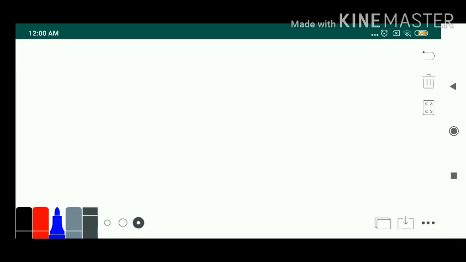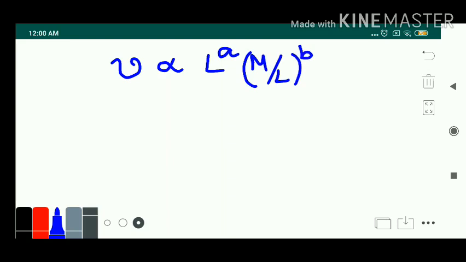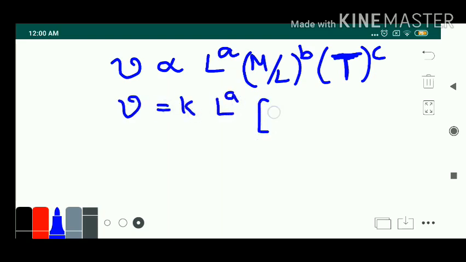Just like the previous section, I am going to write mu is proportional to, or a function of, length of the string raised to A, mass per unit length raised to B, tension, and remember, this is not time period, guys, raised to C. In order to remove the proportionality, I write a constant K: K, L raised to A, M raised to B, then tension T raised to C.